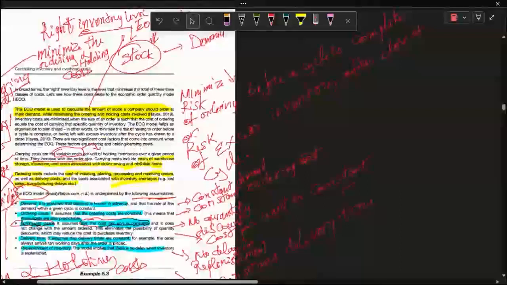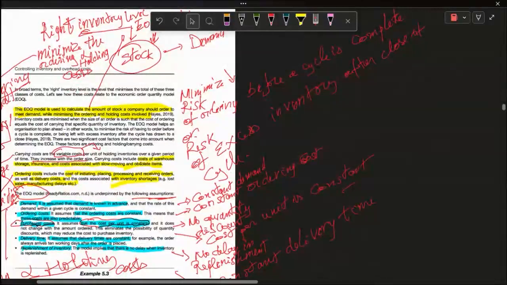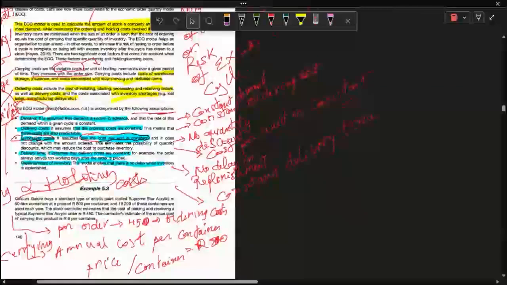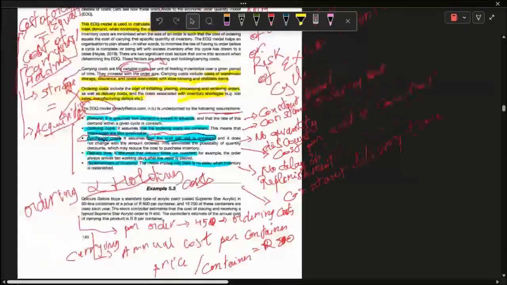Now, let's take a step back. What is this economic ordering quantity? What they want to say is that you need to take into account the cost of ordering and the cost of holding. I've written so big here to tell you it's all about these costs, the ordering and the holding.